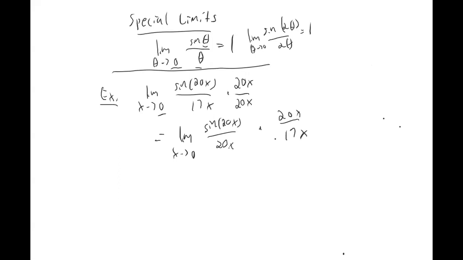So these cancel, and I get 20 over 17 times the limit as x goes to 0 of sine of 20x over 20x. So what is this limit, using the thing up here? What is this equal to?